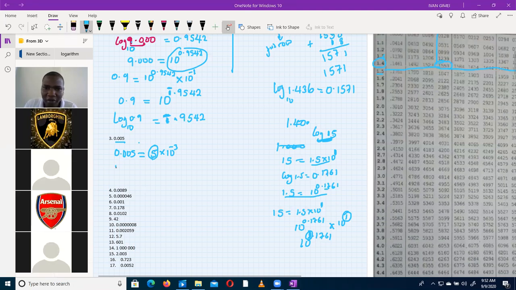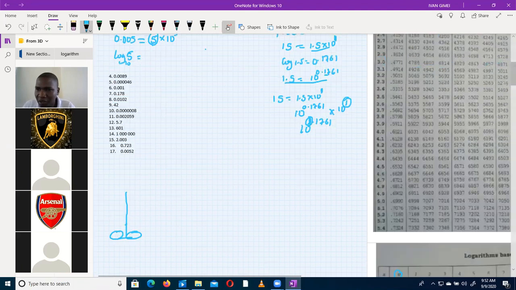The logarithm of 5, of course to base 10, will be what? I go to my table. This 5 has no other digits, so it's the same as 5.000. So the first two digits I'm looking for are 5.0. I come here and look for 5.0. 5.0 is here.